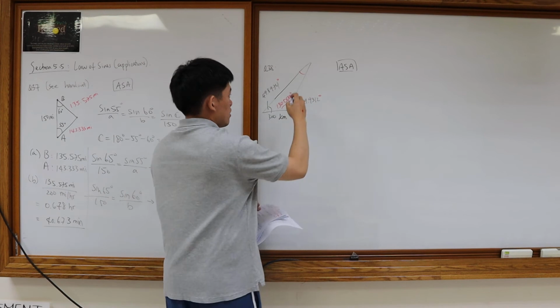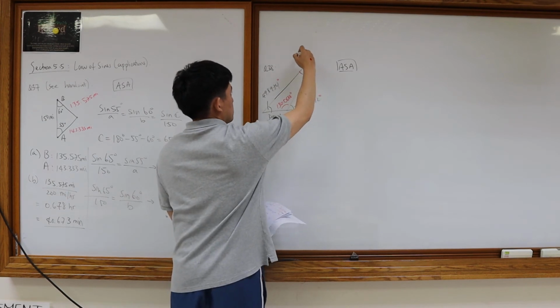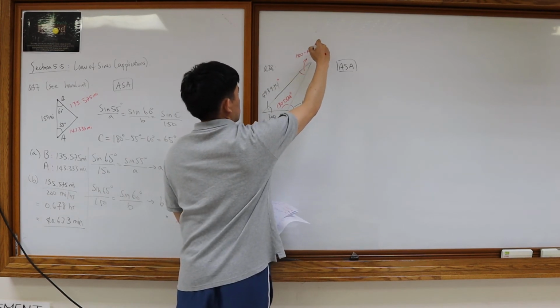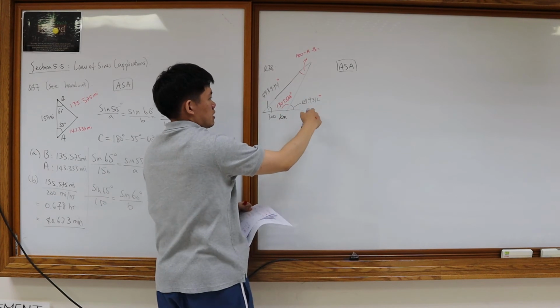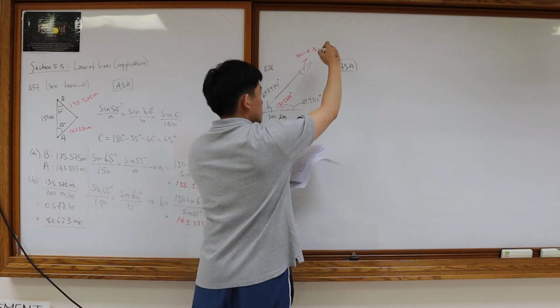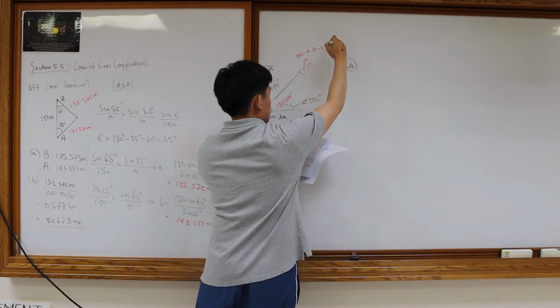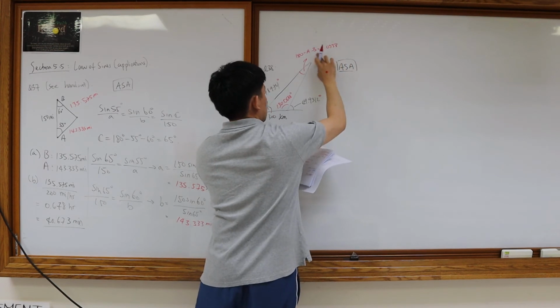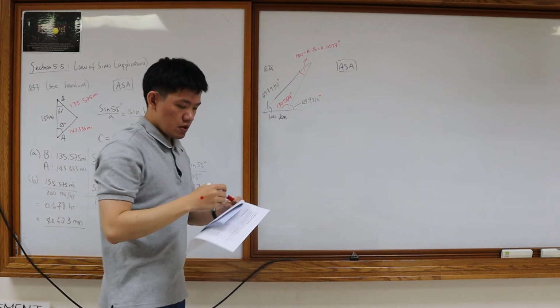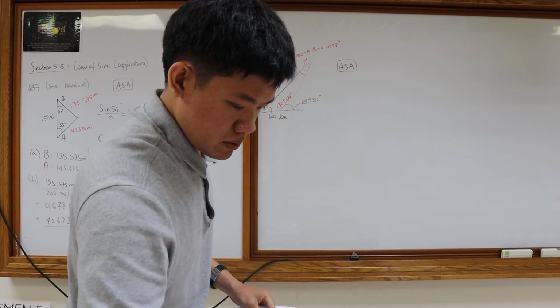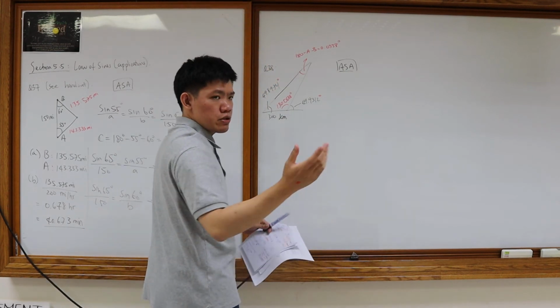Now, putting in a calculator here, this angle is going to be 180 minus A minus B. Let's call this A and B. This comes out as 0.0338 degrees. Now, let's put this into a ratio first.